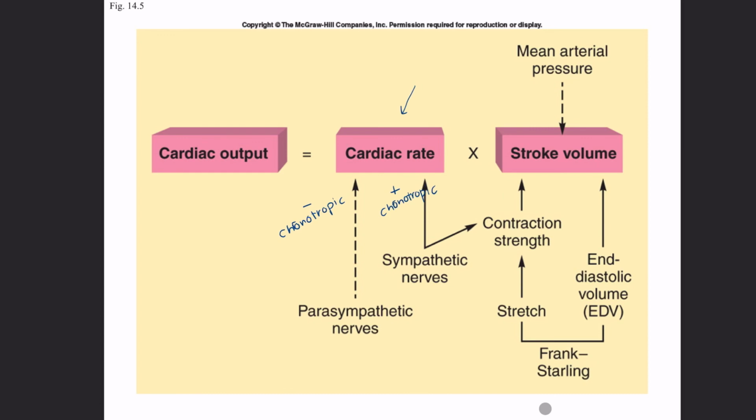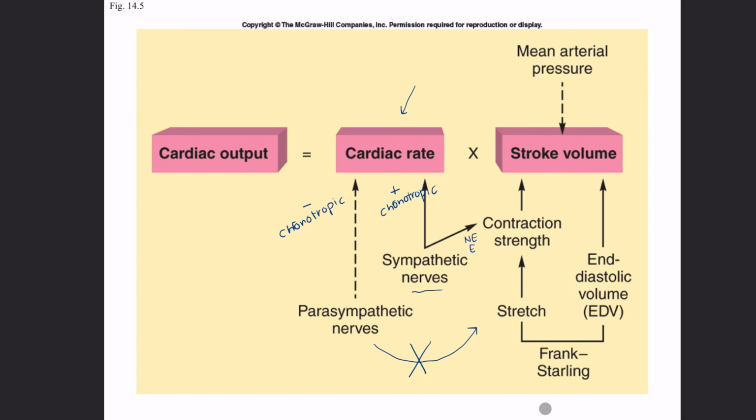And notice that the parasympathetic nerves do not impact the stroke volume. It does not impact the strength of contraction, and so it does not impact stroke volume. So I'm going to write a big X here. The sympathetic nerves do, because of that norepinephrine or epinephrine release that can increase the strength of contraction.